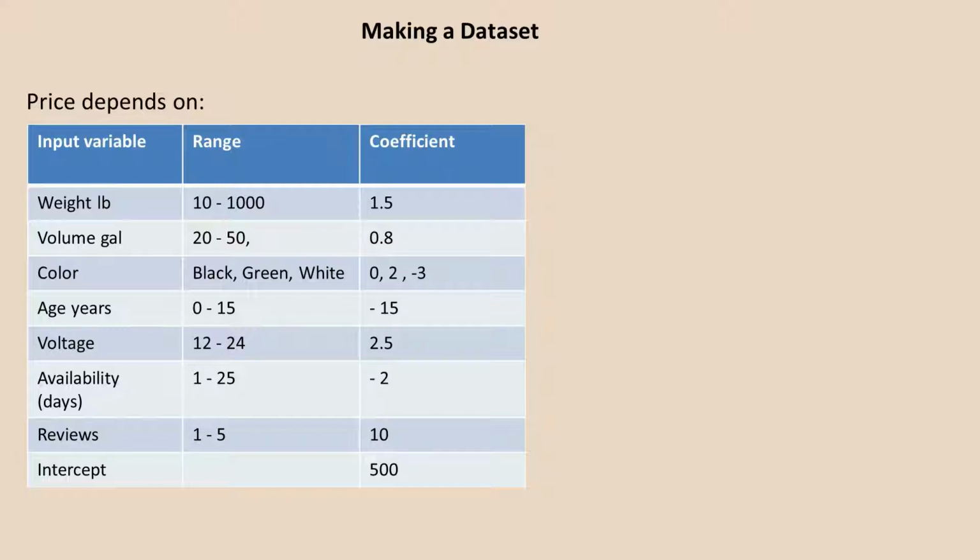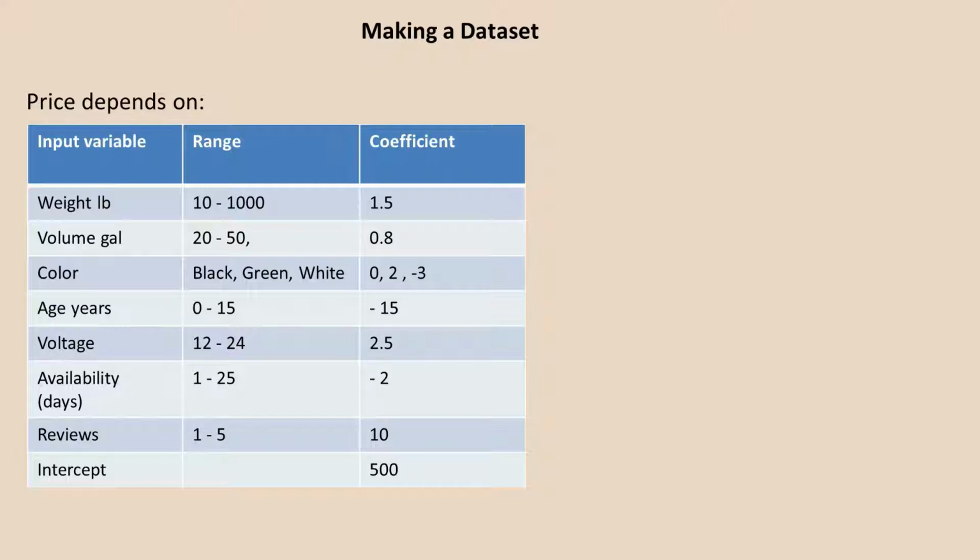Plus, it will depend on volume in gallons, and the coefficient, as you can see, is 0.8. It will also depend on the color of the item. We assume that items of different color may have different price, and if it is black, we just add nothing to this. If it is green, we add $2 to the price, and if it is white, we actually subtract $3 from the price.